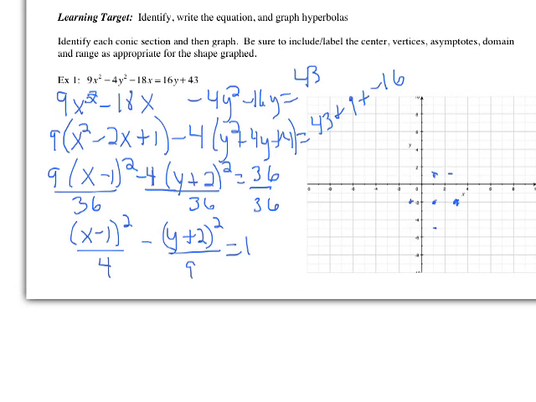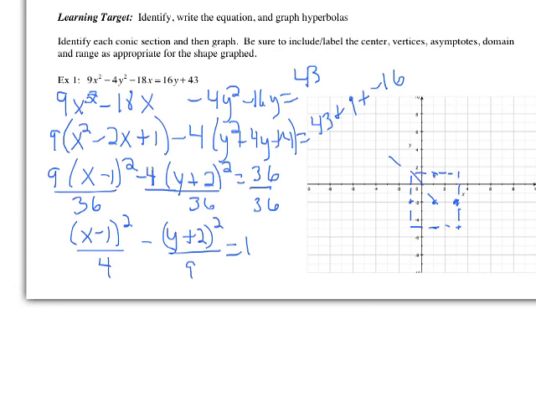And then if we just draw in our box, it's going to look something like that.